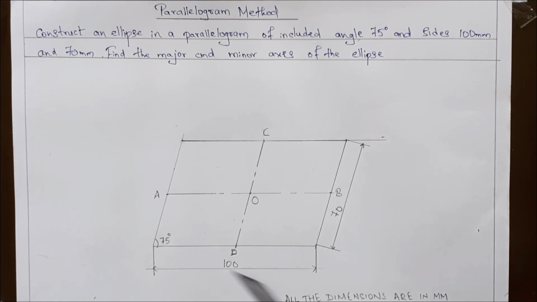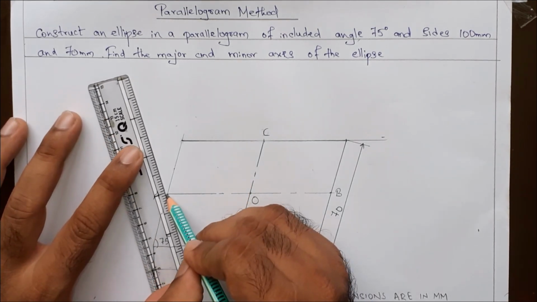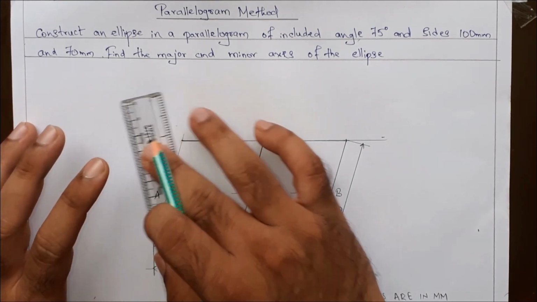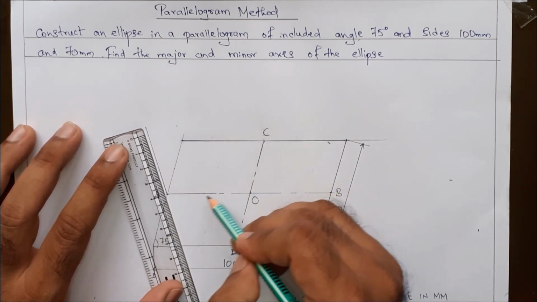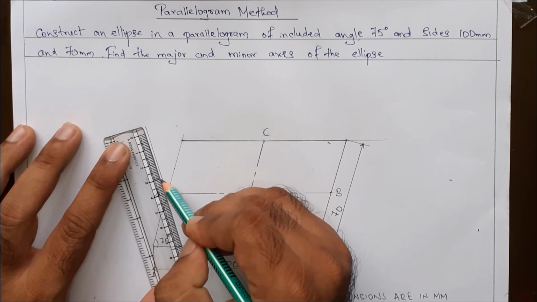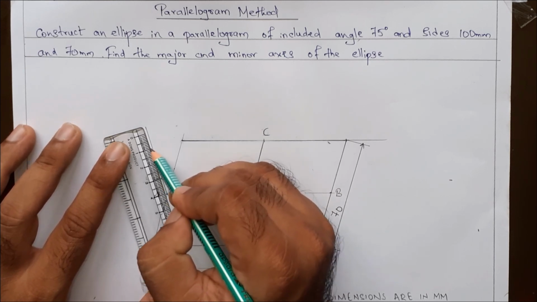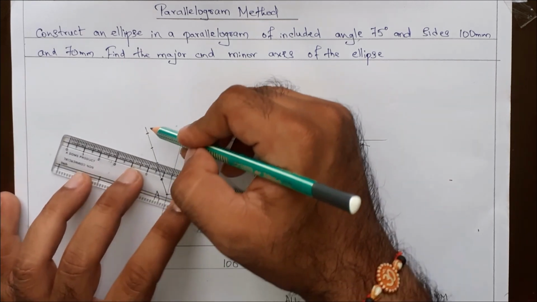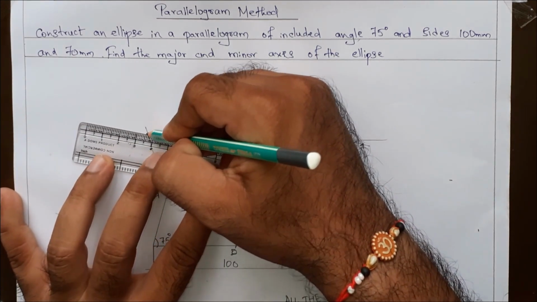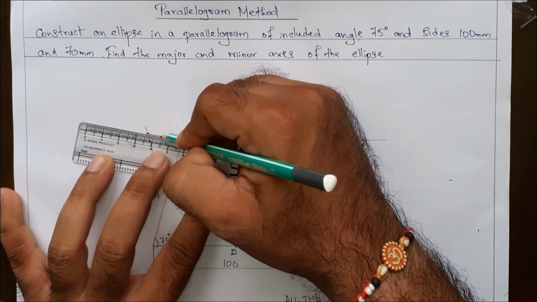So to do that, we draw randomly one line, then divide this line into 4 equal parts of 10 mm each, that is 1, 2, 3 and 4. Now join this point with the last line.